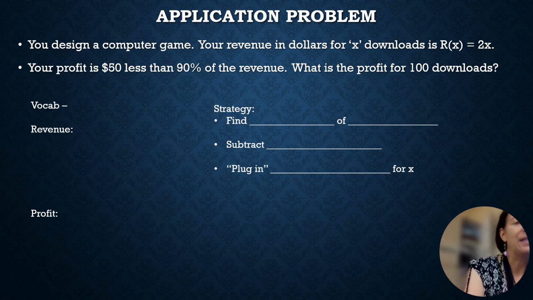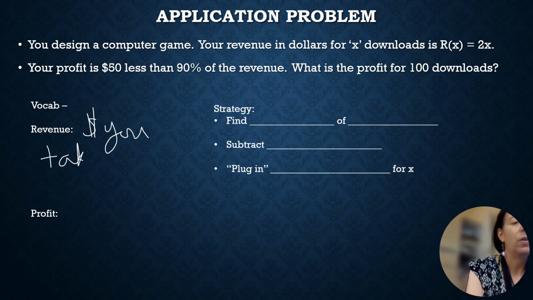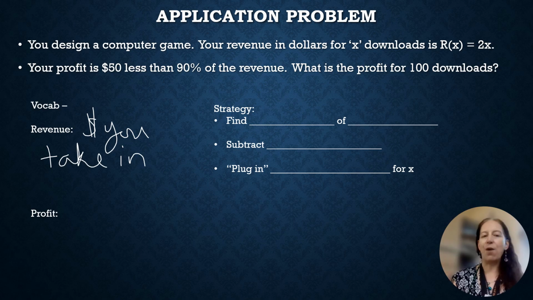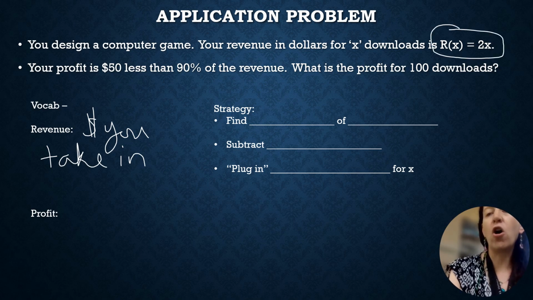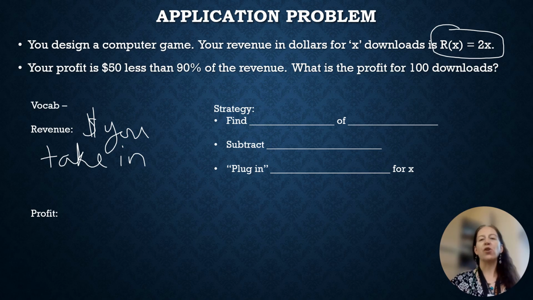Revenue is the amount of money you take in. It's how much money you're actually taking in when you are selling your computer game. Now, if you look at the function over here, R just stands for revenue. So another advantage to function notation is that you can name your functions whatever you want.